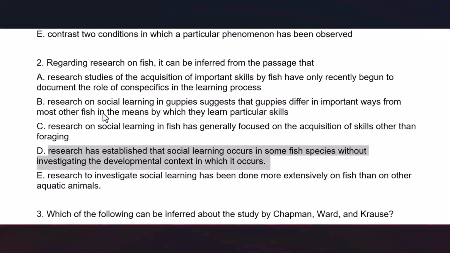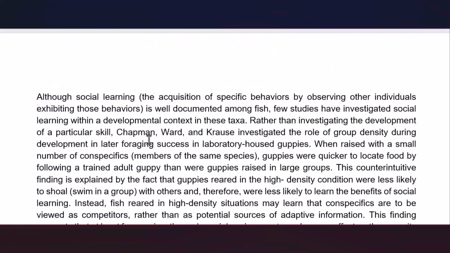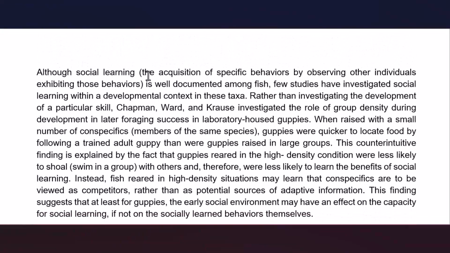Choice D. Research has established that social learning occurs in some fish species without investigating the developmental context in which it occurs. This option seems in accordance with the information we absorbed from the passage because in the first sentence we read, social learning is well documented among fish. However, few studies have investigated social learning within a developmental context in these taxa.